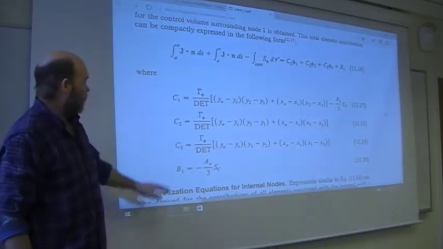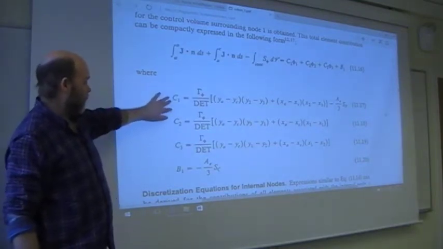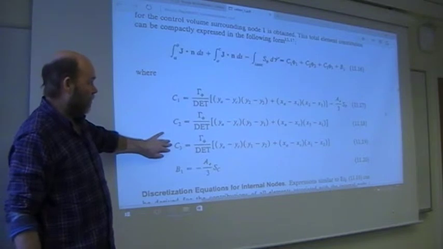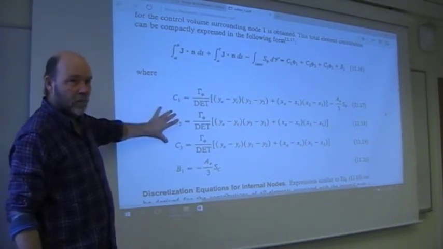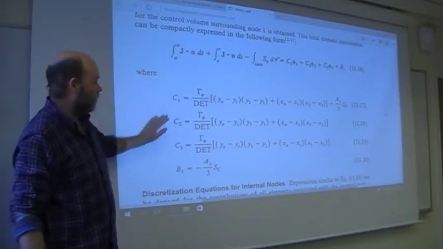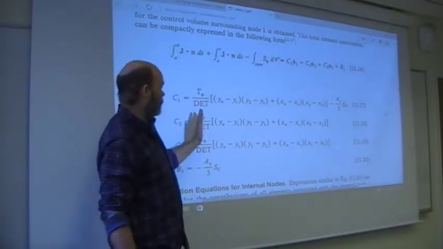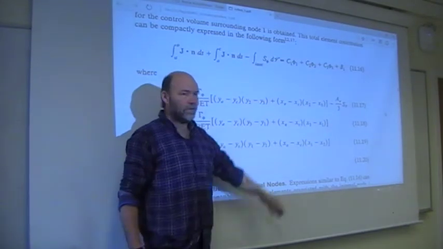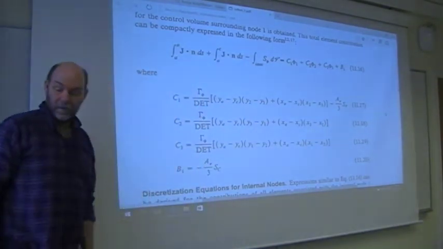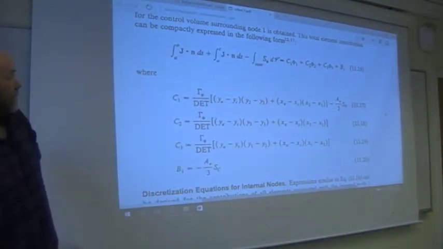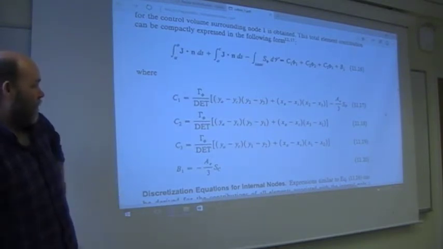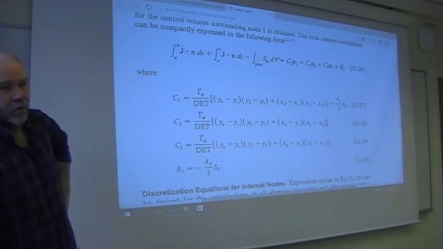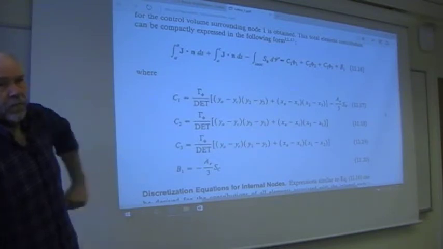And if you now look at these coefficients, C1, C2, C3, you see they are just geometry. They don't depend on the solution itself at all. It's only coefficients. Meaning you can calculate these C1, C2, C3 and B1 once and for all for one mesh and just store them.